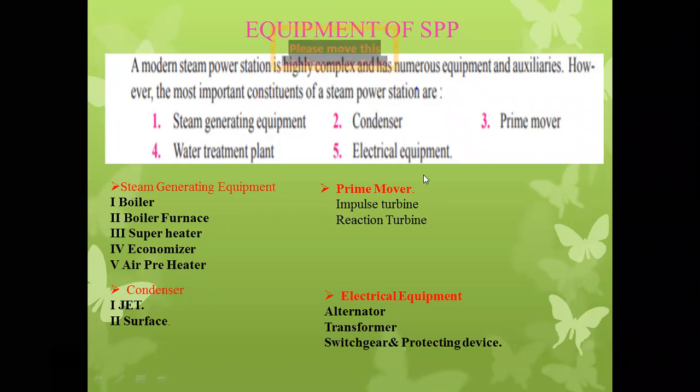Yes or no? Yes, sir. Okay. Fixed blade in case of reaction turbine acts as a nozzle. Whenever the water comes outside from the nozzle, the water is coming inside the moving blade.